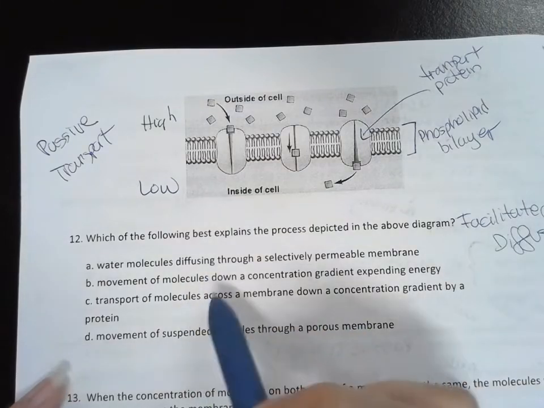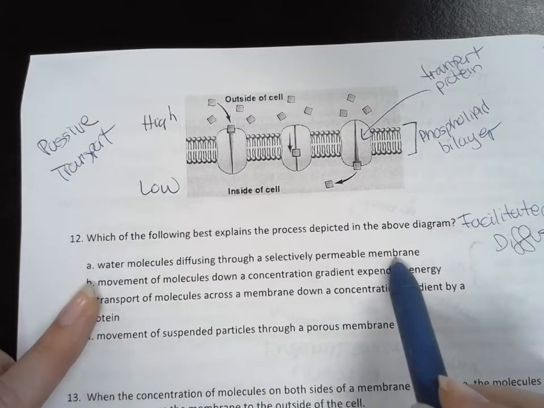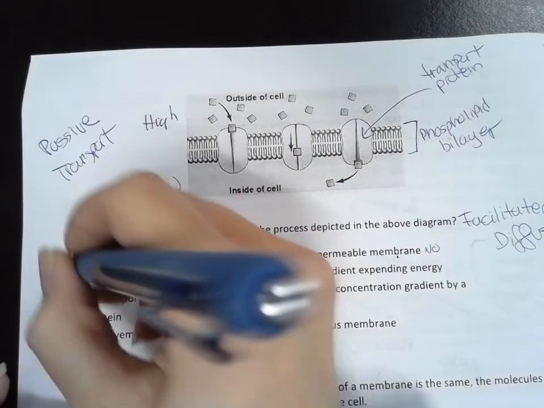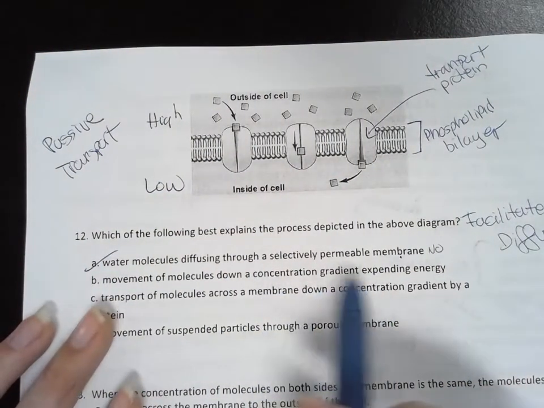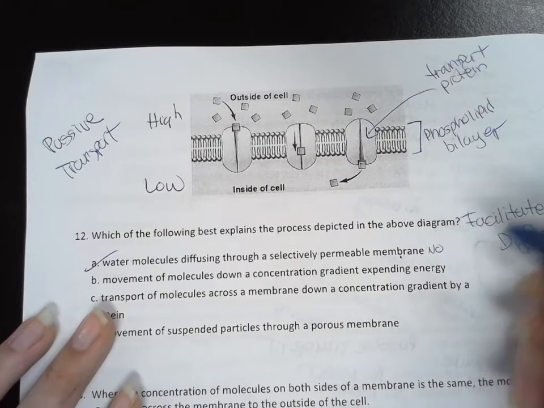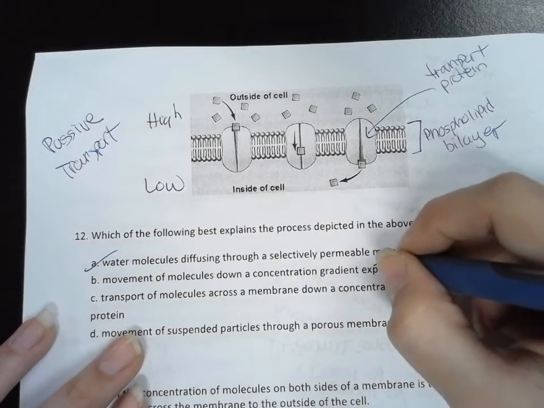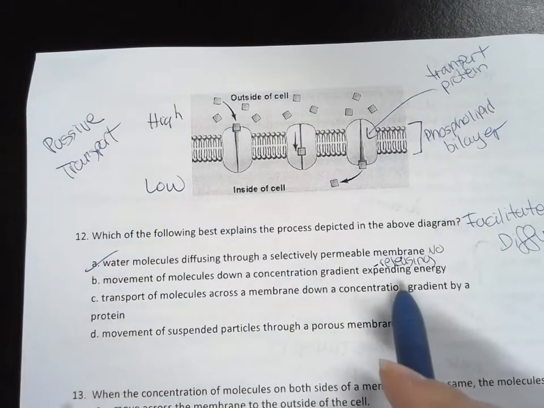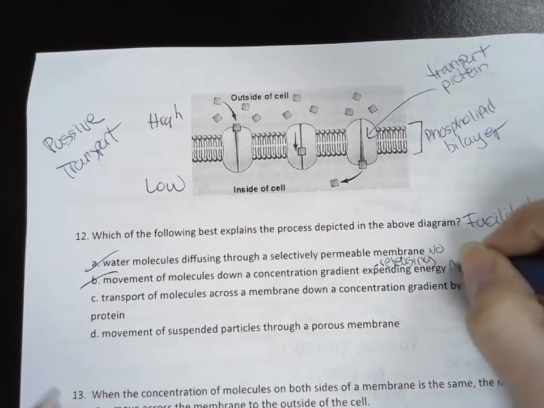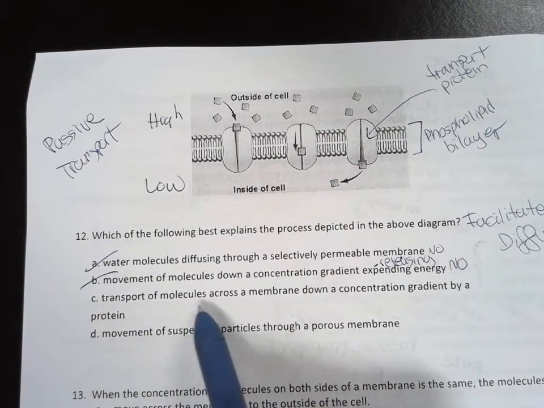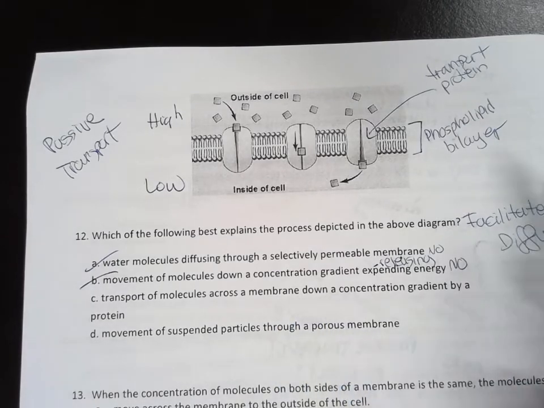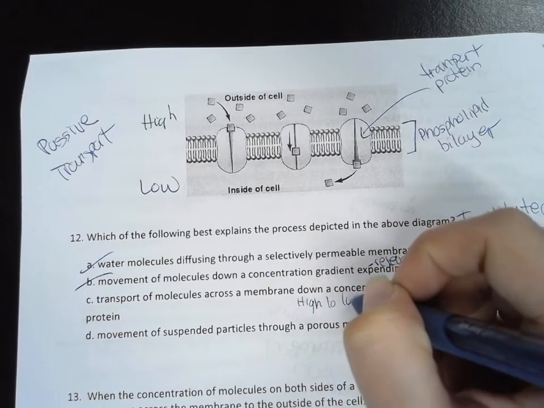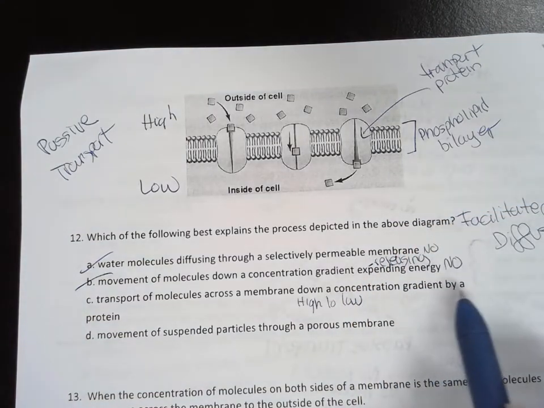So water molecules diffusing through a selectively permeable membrane. I don't know that this is water. Movement of molecules down a concentration gradient, expending energy. This is contradictory. Expending means releasing. If molecules are moving down a gradient, they don't use any energy. The transport of molecules across a membrane down. Yes, they're moving down. Down is high to low. A concentration gradient by a protein.